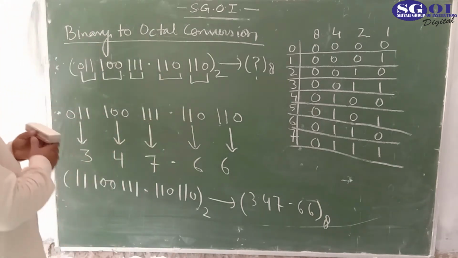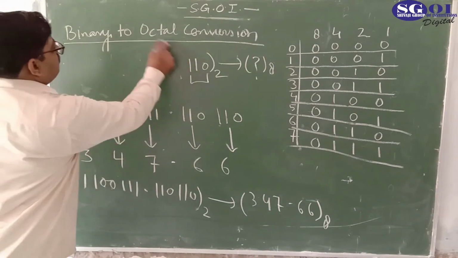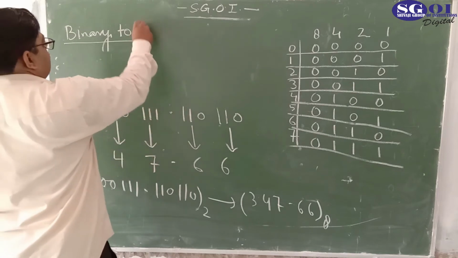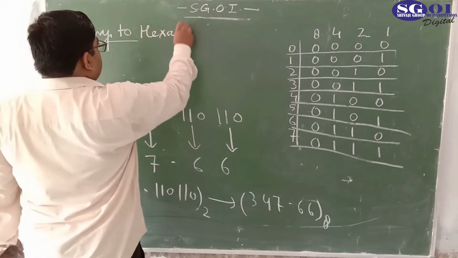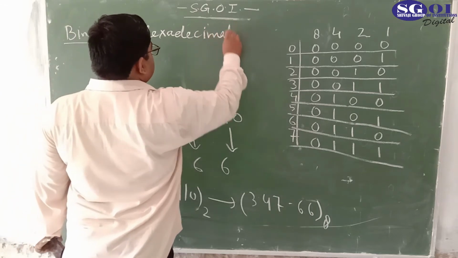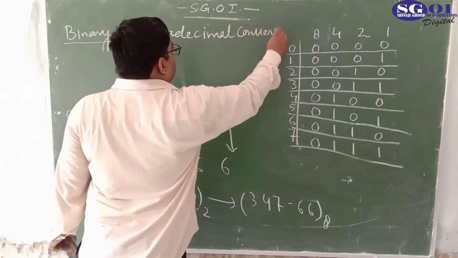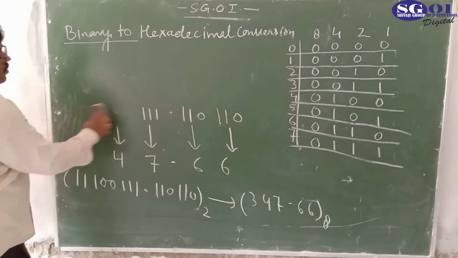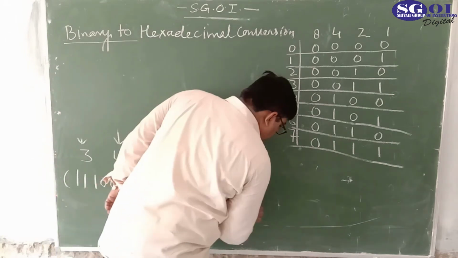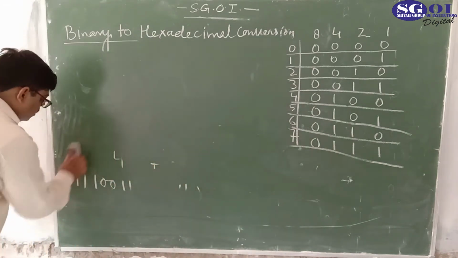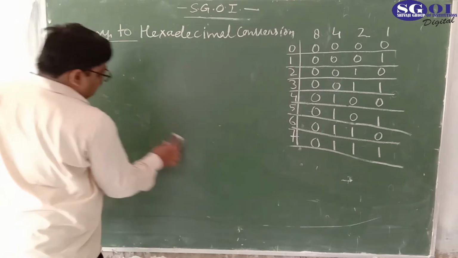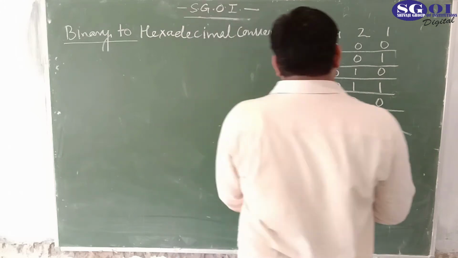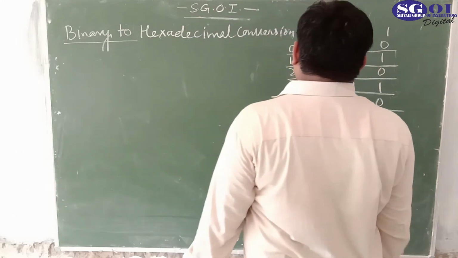Now we understand how we change binary into hexadecimal. Binary to hexadecimal conversion. If we want to change a binary number into a hexadecimal number, then you write the table of 8421.